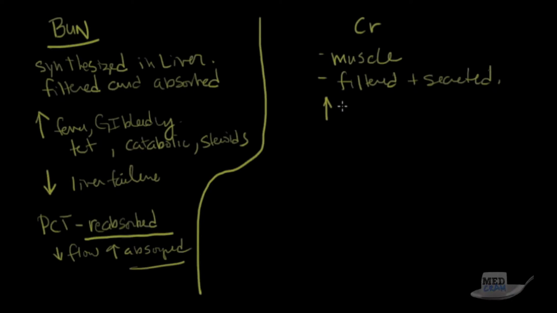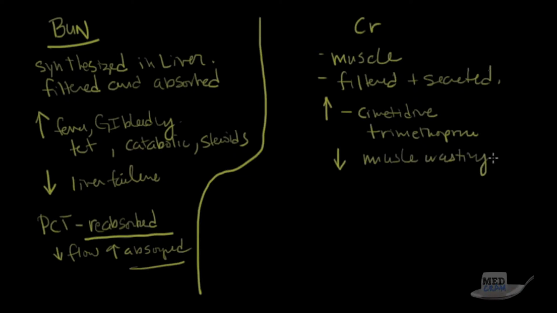We know that it can be increased by drugs that prevent its secretion in the kidney, and that would be cimetidine and trimethoprim. What are some things that can decrease it? Muscle wasting. And we know that it goes up in renal failure.